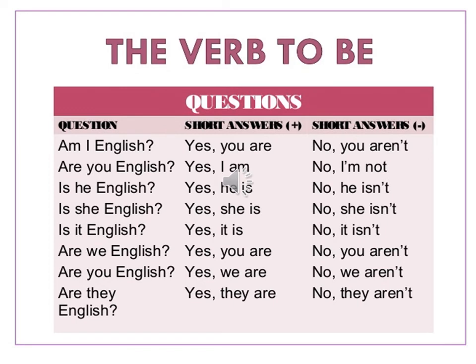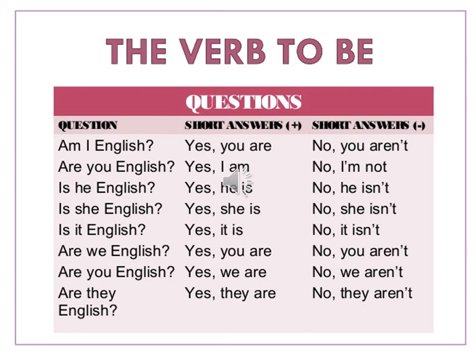So in the last slide you are going to see a kind of summary تلخيص للverb to be in simple present tense. So in questions, as we have seen, this is just an example. Am I English? Yes, you are. No, you aren't. Are you English? Yes, I am. No, I'm not. Is he English? Yes, he is.